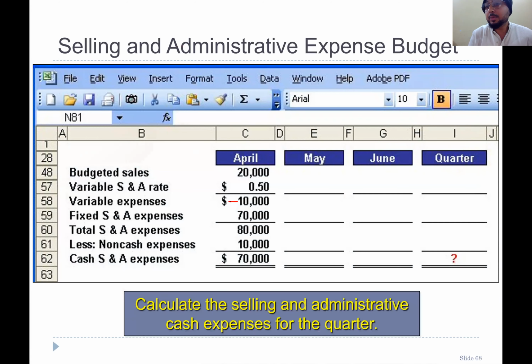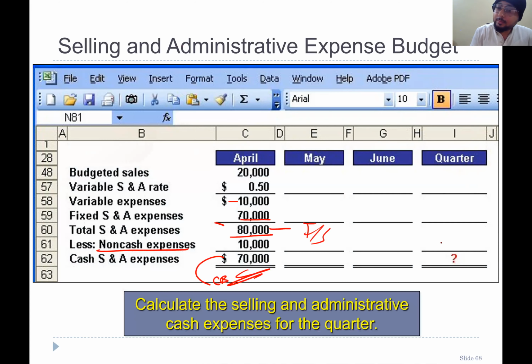So 10,000 is going to be our variable admin and selling expense. Fixed expense is 70,000. So 80,000 is our total selling and admin expenses that will appear on the income statement. But how much we pay for April selling and admin expenses, less the effect of non-cash expense, is 70,000. So this will go in the cash budget and this will go in the income statement, right?